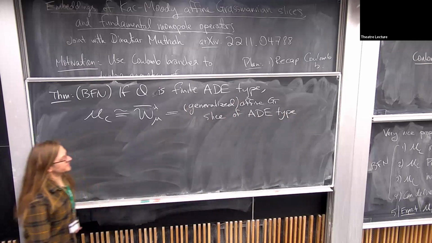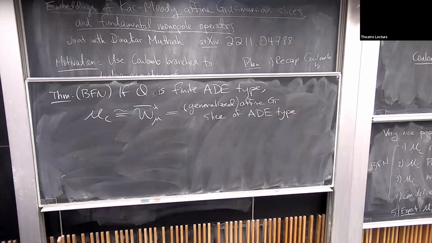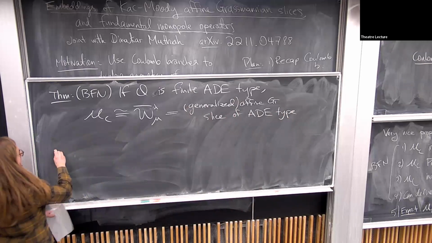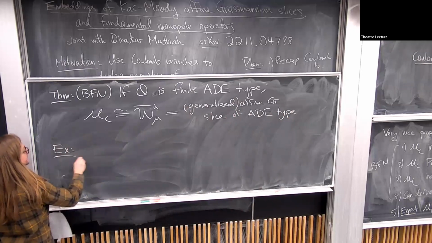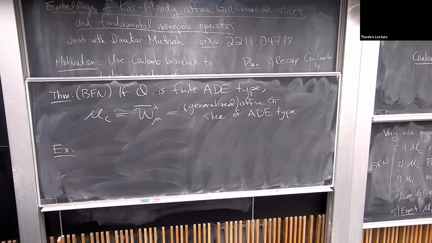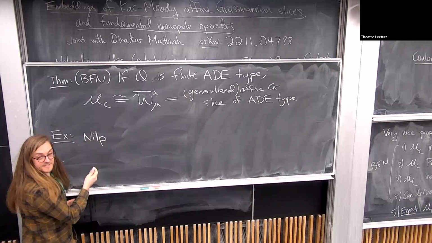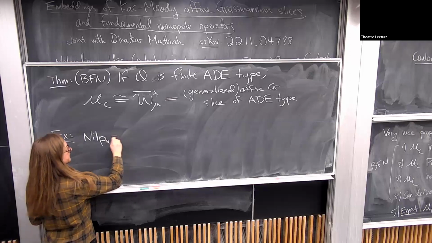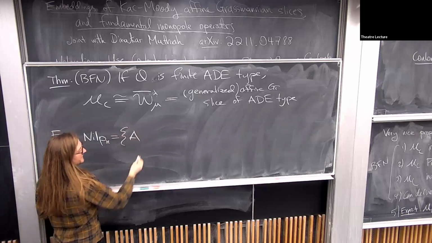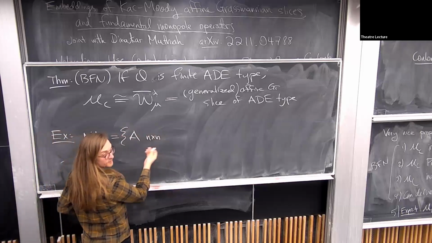Mostly I'm going to gloss over this generalized part, but I'll sort of come back to this in a minute. Before recalling a little bit of what that is, I thought it'd be worth giving an example, which is maybe the most classic example. Let's take the nilpotent cone of SL_n. So in other words, just n by n nilpotent matrices.